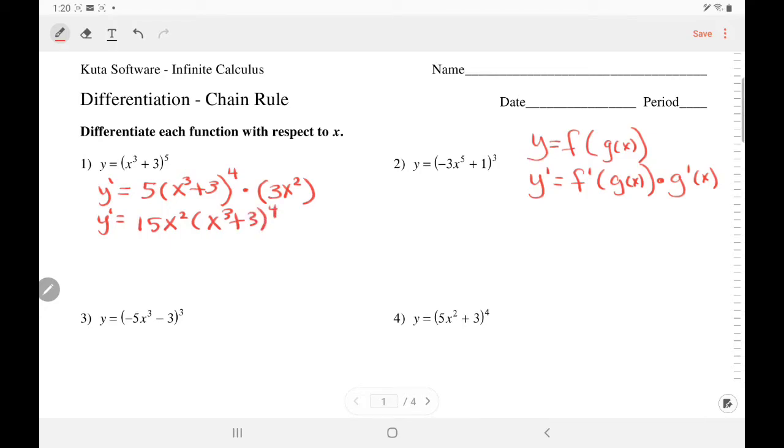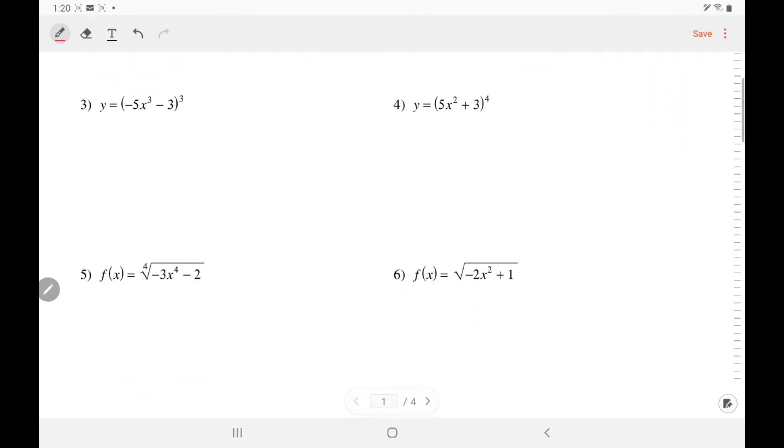Let's do number 3. Once again, power rule first. Multiply by the 3, (negative 5x cubed minus 3), your inner function stays the same. Reduce your power by 1, so it's 2. Now multiply by the derivative of the inner function.